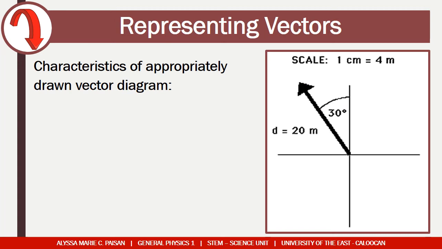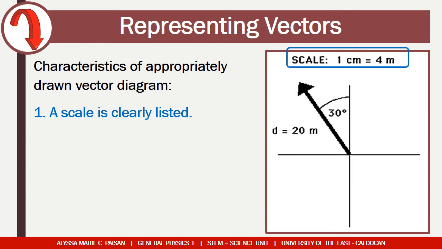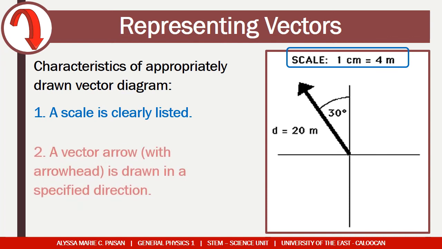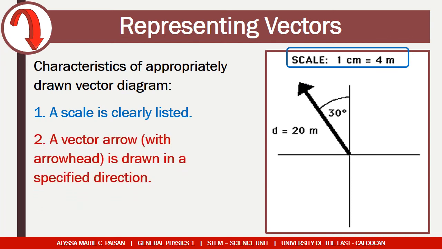Here are the characteristics of an appropriately drawn vector diagram. Number one, a scale is clearly listed. So in this case, our scale will be 1 centimeter is equal to 4 meters. Number two, a vector arrow with an arrowhead is drawn in a specified direction, just like the arrow shown here.